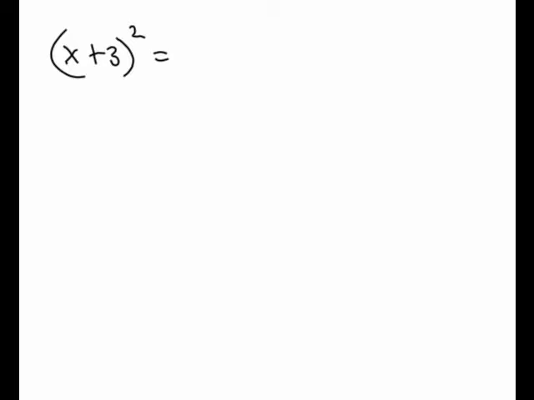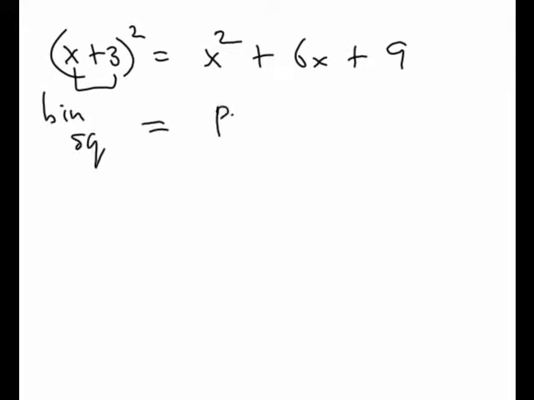If I take a binomial and I multiply that out, remember I square the first, I multiply and double, so I get 6x, and I square the last term to get 9. So this binomial squared is equal to what we call a perfect trinomial square.